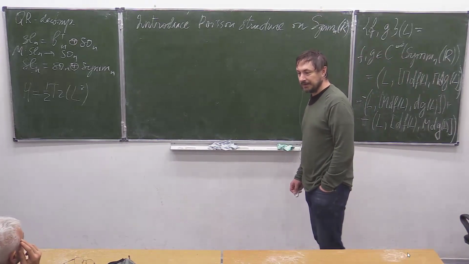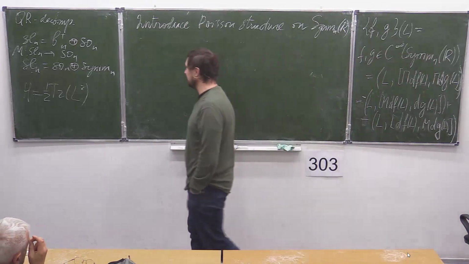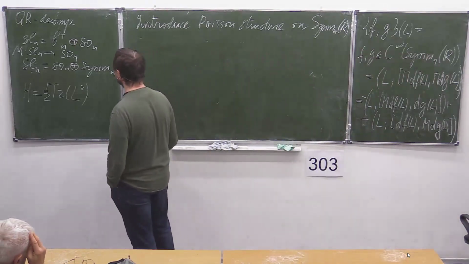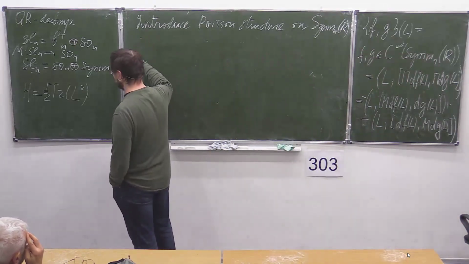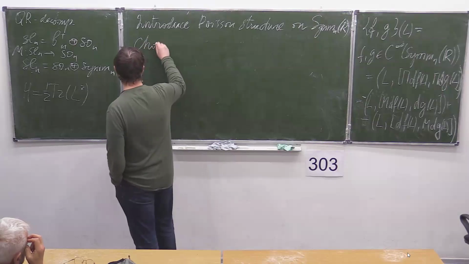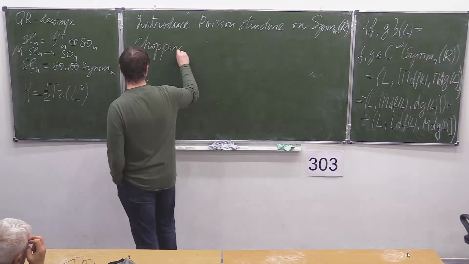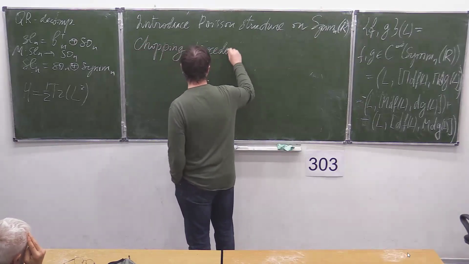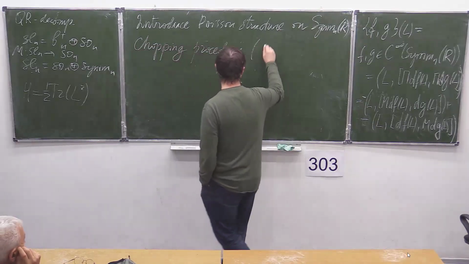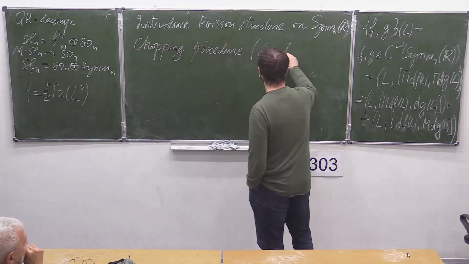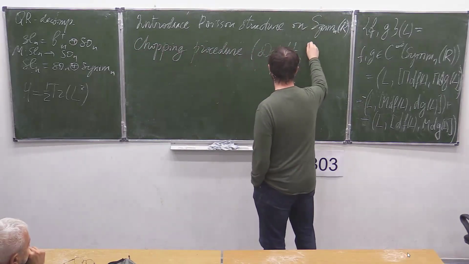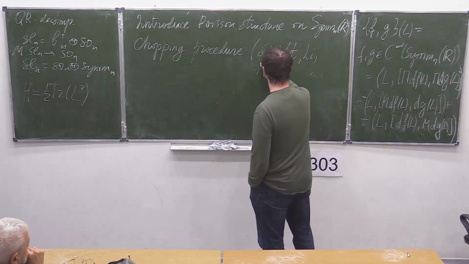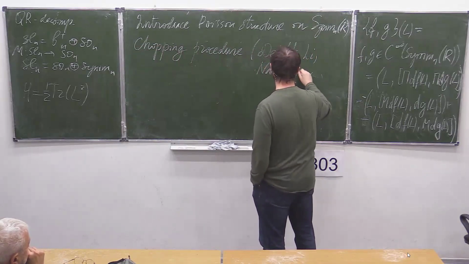So we need additional first integrals, and these additional first integrals are given by the so-called chopping procedure, due to Deift, Li, Nanda, and Tomei.